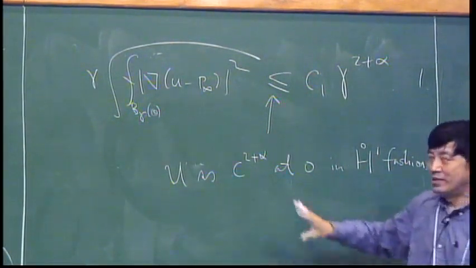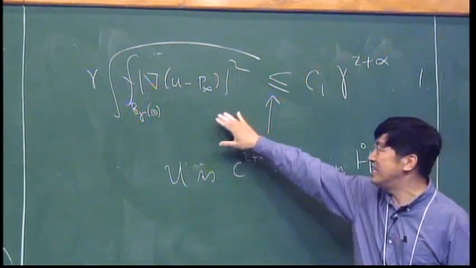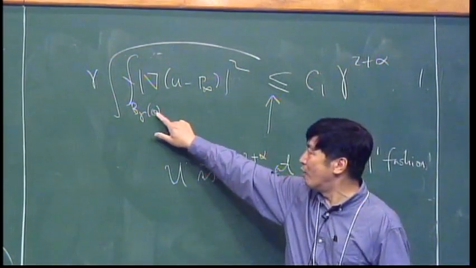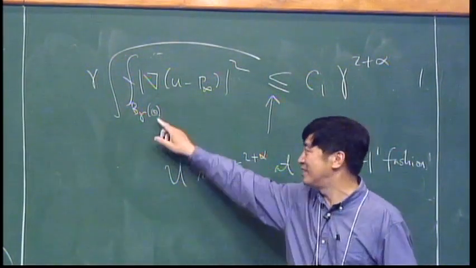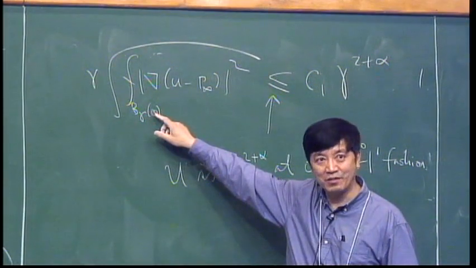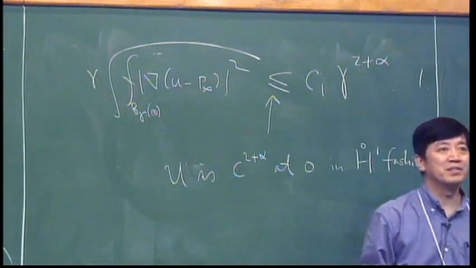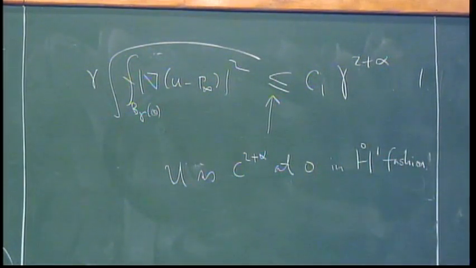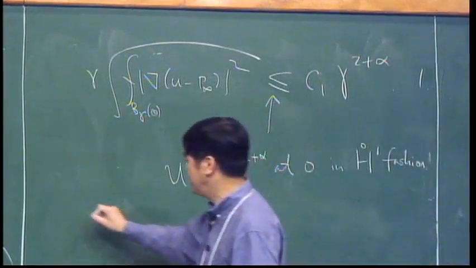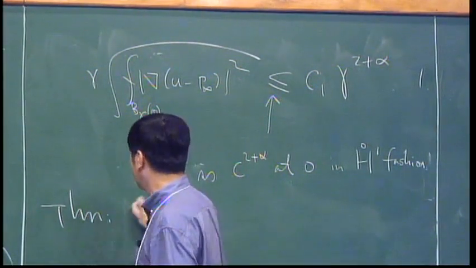But guess what? Campanato says that if this inequality is true for all the origins, then it's classically C2 alpha. They're all equivalent. That's the theorem of Campanato.